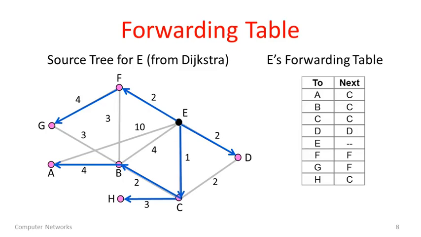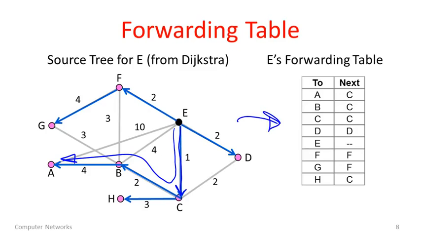What I've done now from this source tree, all of the different lines here have arrows which show the path to take. For instance, to get from E to A, I follow this path through the network, through here and over here, through ECBA. What I can do now is simply compile it into a forwarding table.